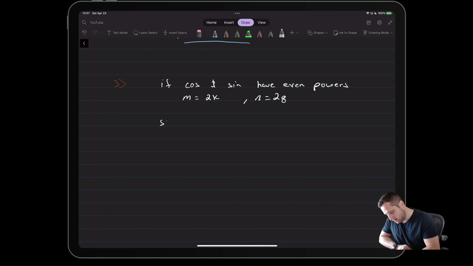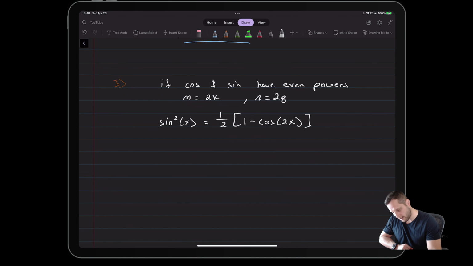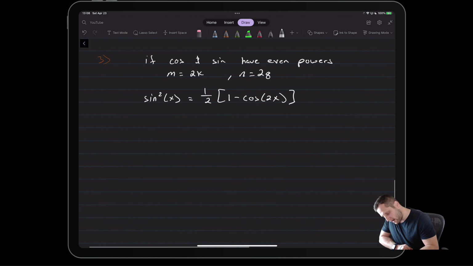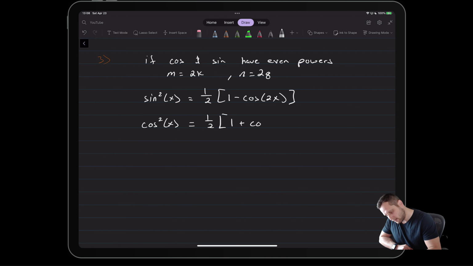So you have sine squared of x is equal to 1/2 times 1 minus cosine 2x. Okay? And then you also have cosine squared of x is equal to 1/2 times 1 plus cosine of 2x.